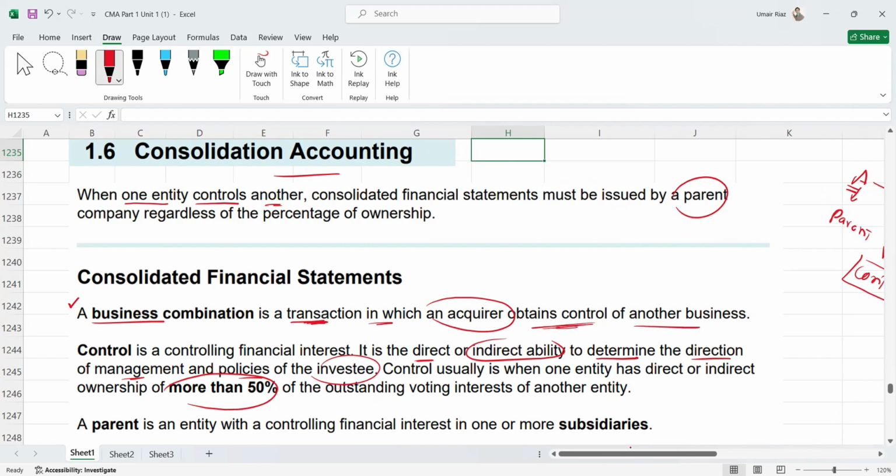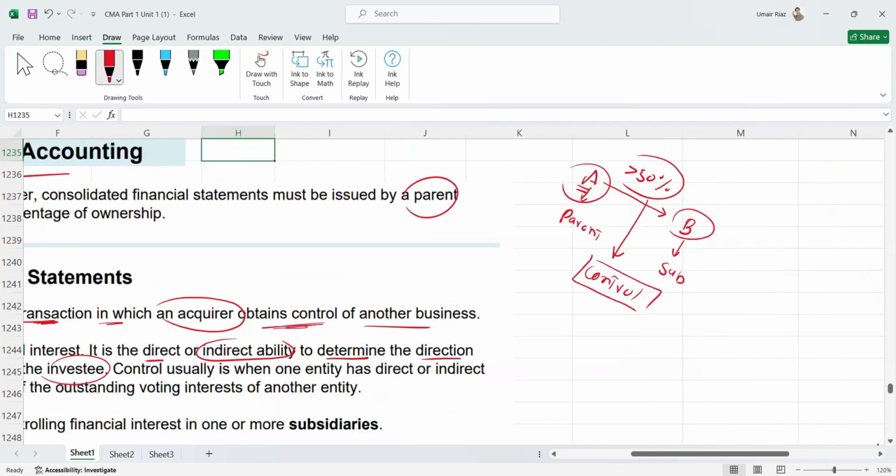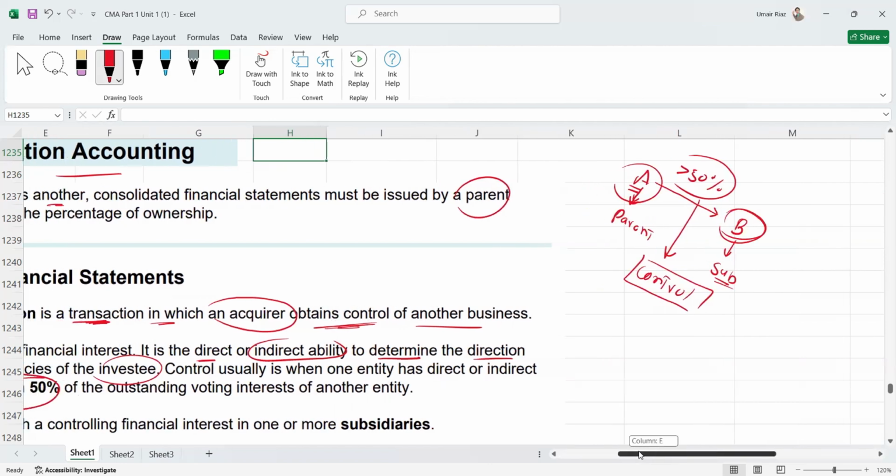As in my example, if A has control over B, this transaction is called a business combination. Company A is the parent company, because a parent company has control over the other company, and company B is the subsidiary company, because a subsidiary is controlled by the parent company.